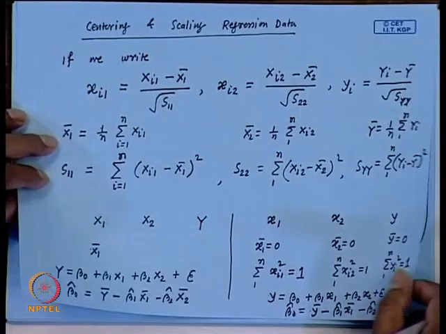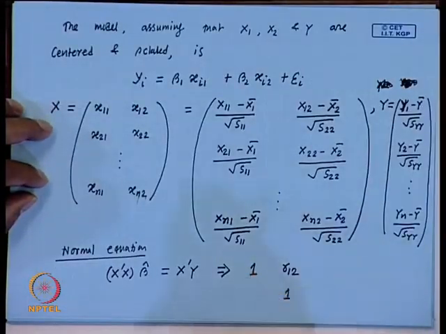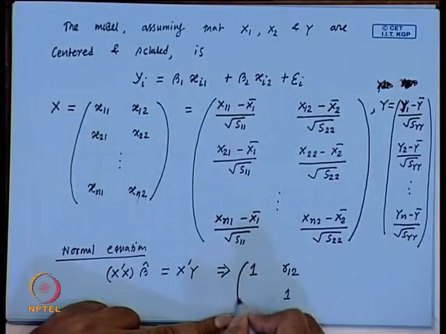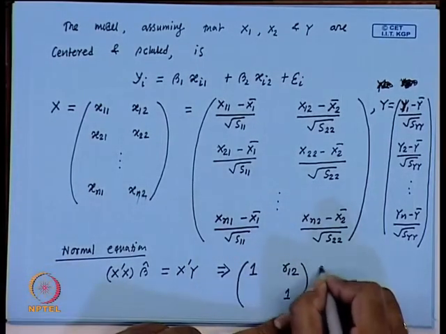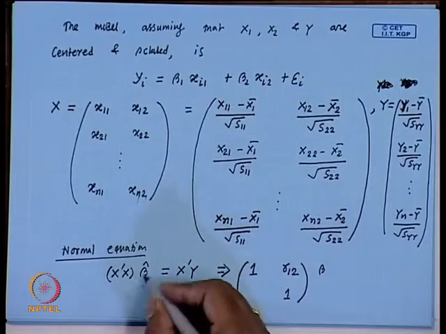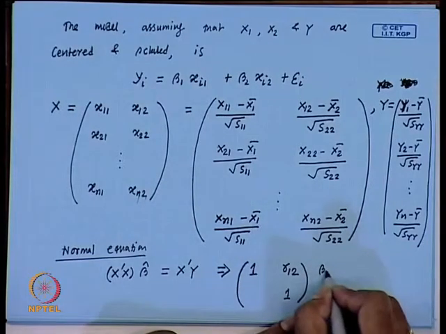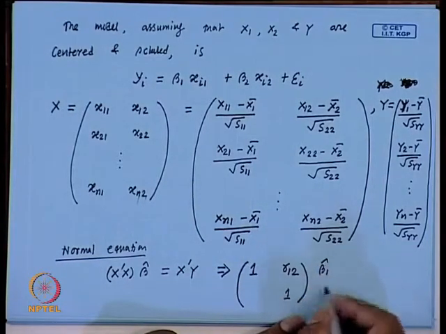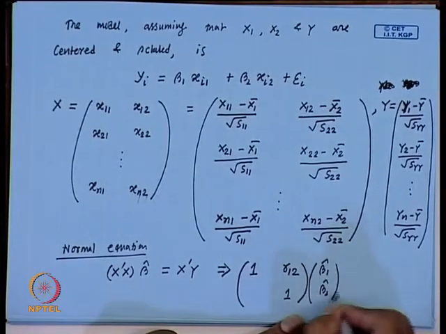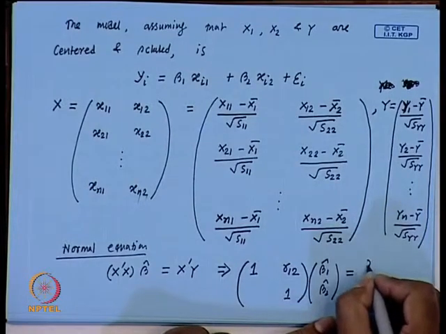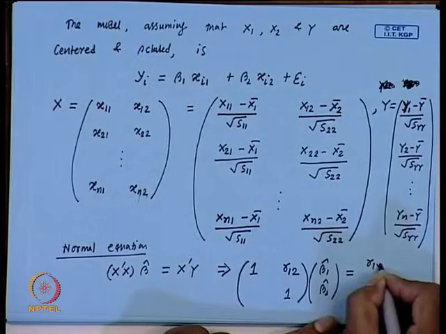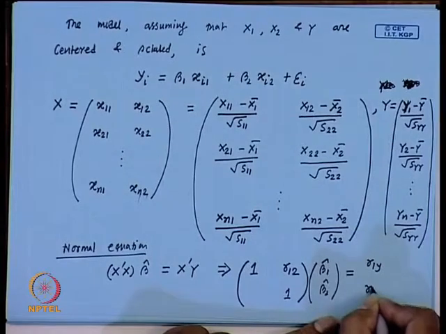That is why these two elements are equal to 1. And beta hat has two elements, beta_1 hat, beta_2 hat, which is equal to r_1y, r_2y.